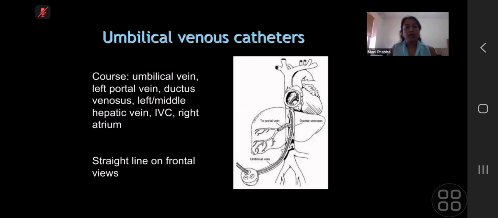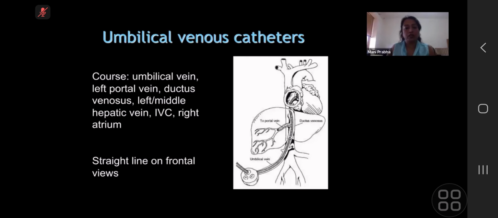So the course of the umbilical venous catheter is the umbilical vein, then into the left portal vein, ductus venosus, and then the left or middle hepatic vein, and finally into the IVC, and then it is positioned at the level of the IVC and right atrial junction.